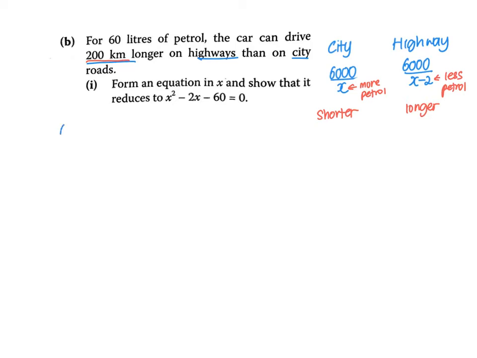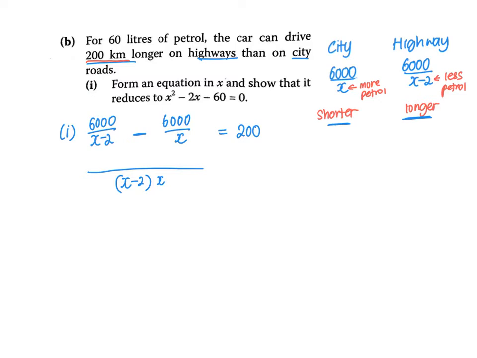So in order to get a difference, I'm going to take the longer minus the shorter one to give 200 kilometers. What is the expression that we should use? What minus what will give you 200? The longer, which is 6,000 over x minus 2, minus the shorter one, which is 6,000 over x. Now what do we need to do? We make them the same denominator.